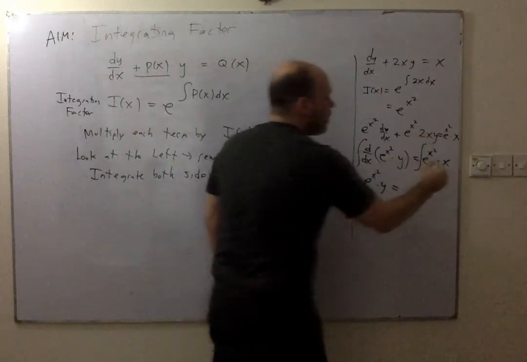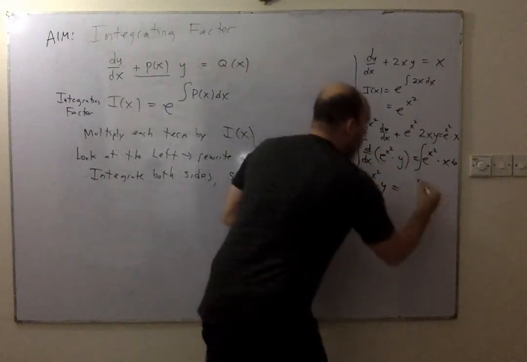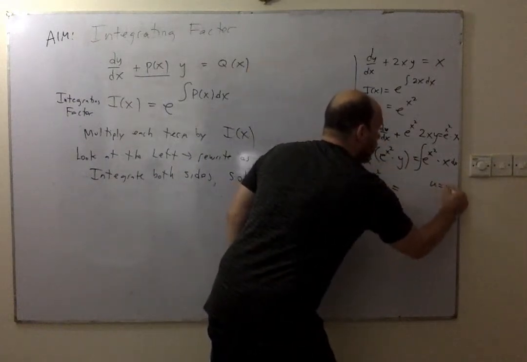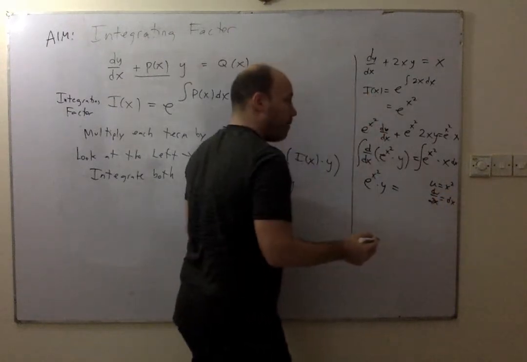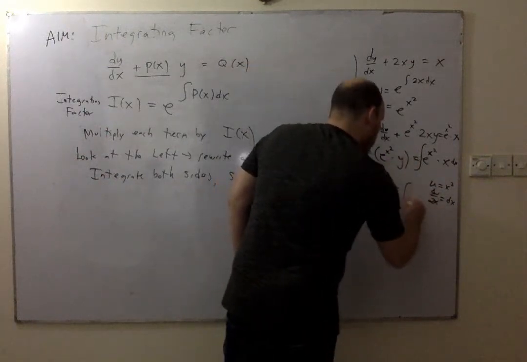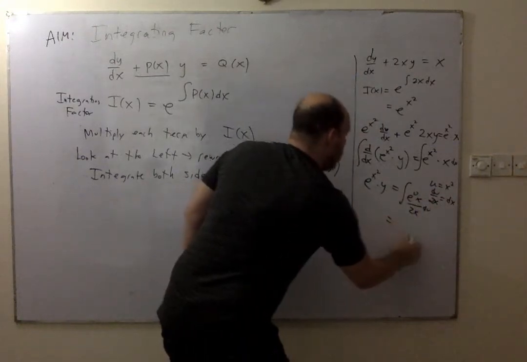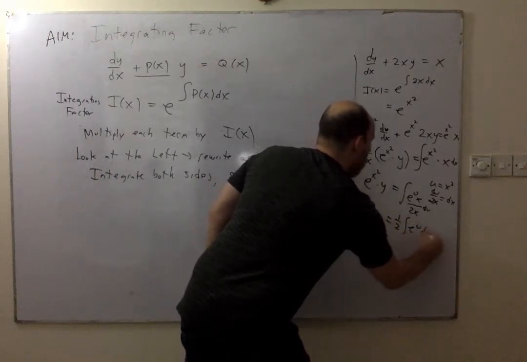What's going on over here? This works out nicely because if I take a u substitution, du over 2x equals dx. So you have the integral of e^u times x over 2x du, which is equal to 1/2 e^u du.